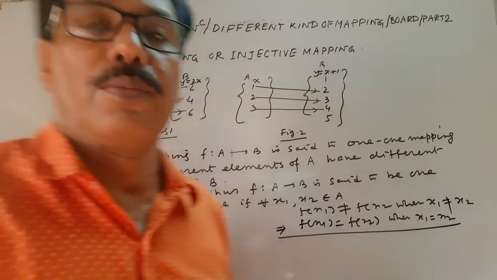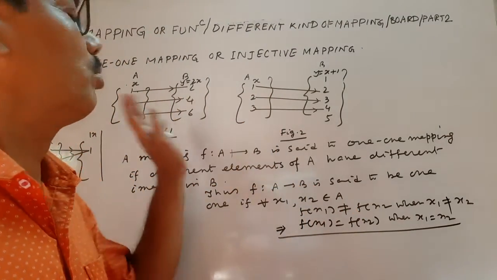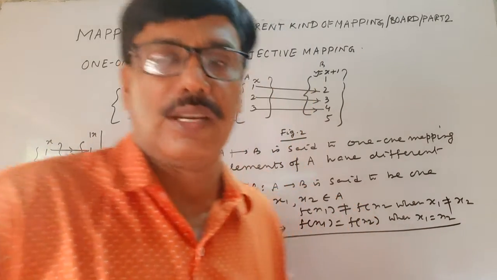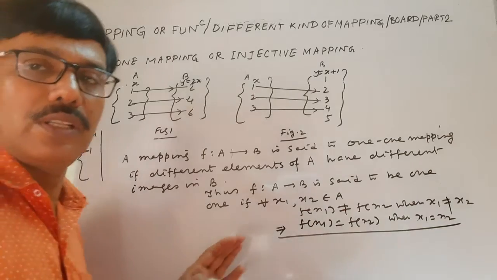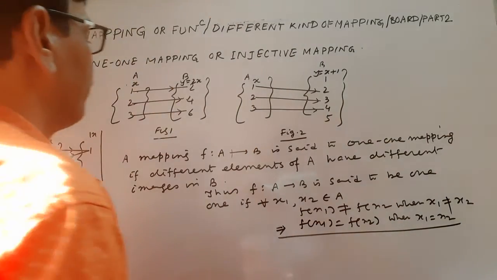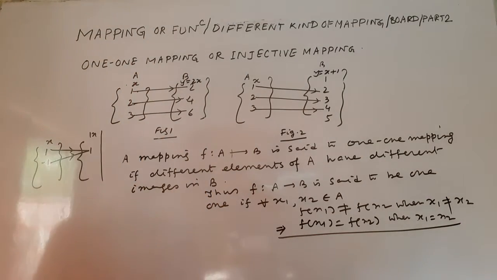Suppose the problem is like this: give an example of a 1-1 function. You get thousands of examples if you have the idea of 1-1 mapping. Suppose this is given in tabular form. So we can write it in this way.